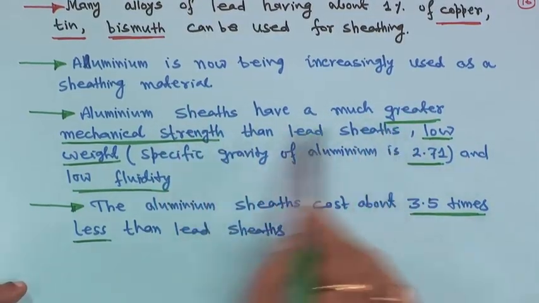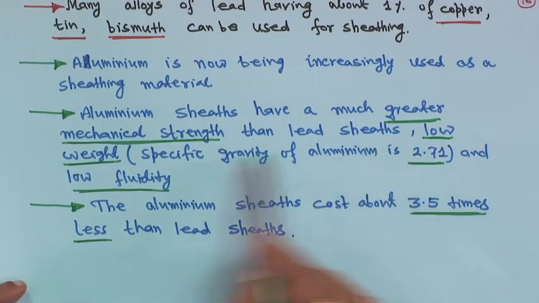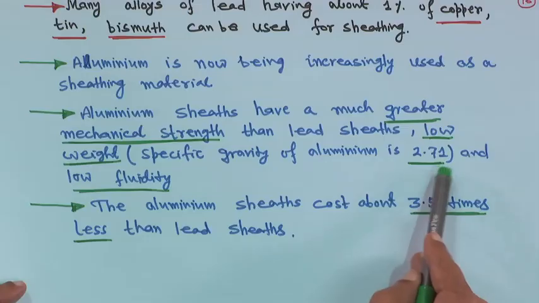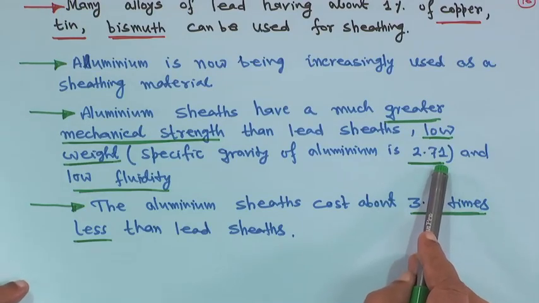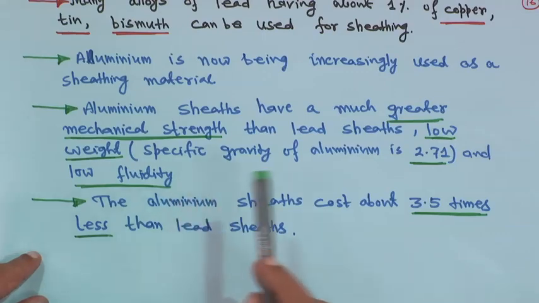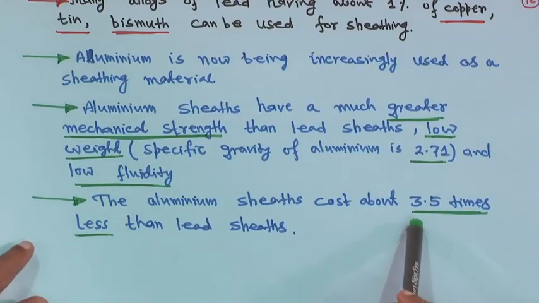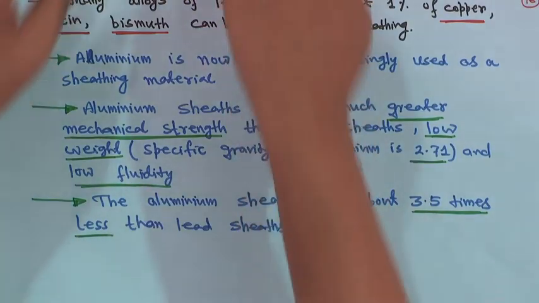Aluminum sheaths have much greater mechanical strength than lead sheaths, low weight, with a specific gravity of only 2.71, roughly 1/5 of lead, and low fluidity. Aluminum sheaths cost about 3.5 times less than lead sheaths, so cost is also lower.